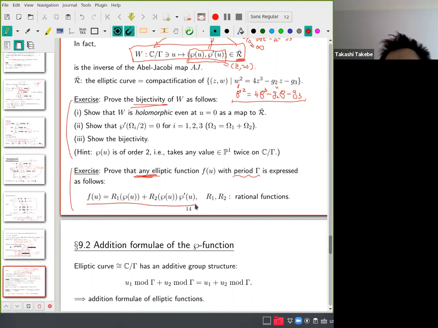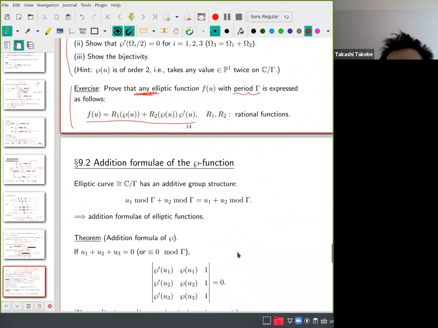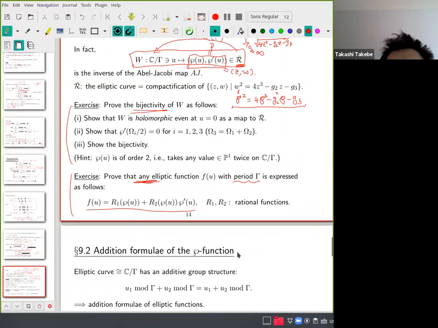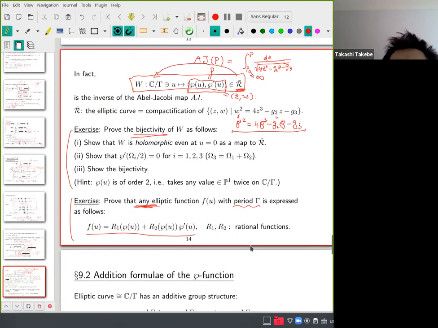Like this. This is also an exercise problem, but yeah, the idea of the proof is like this.